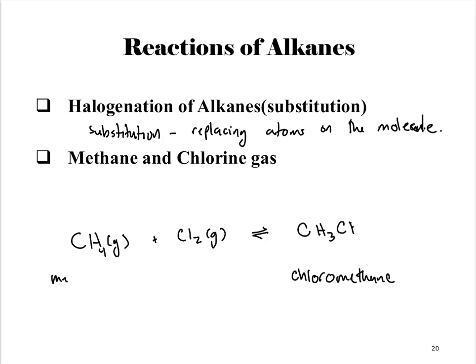All right, so this is methane, which we can name now because we know how to name organic molecules. And this is chlorine, right, because it's a diatomic in its natural form, so we just call it chlorine.